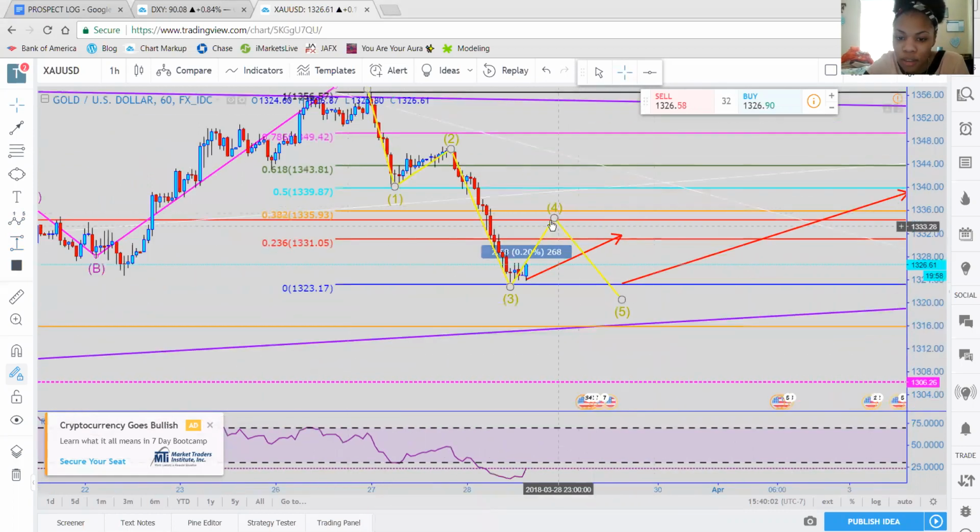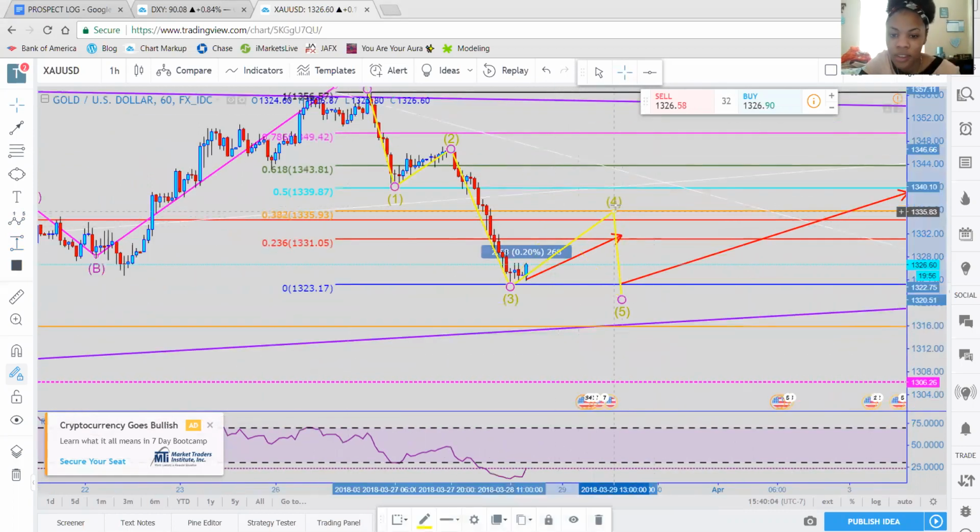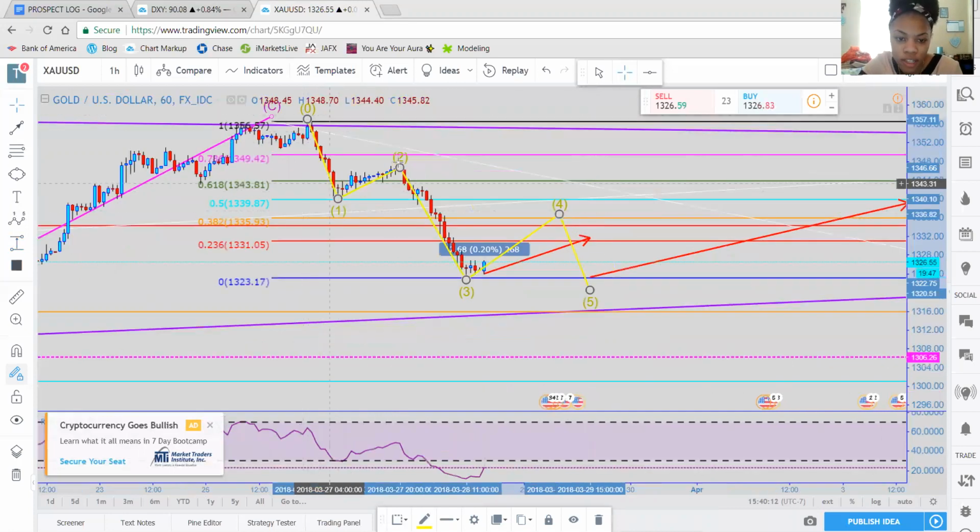Let me know. Say that one more time because I was writing down something. Oh, you're fine. So look, this is how I said my wave: impulse, correction, impulse. Now, the waves, like this wave, they're kind of symmetrical. It can't be higher than this wave, so it either has to be here, or right here. You see what I'm saying?